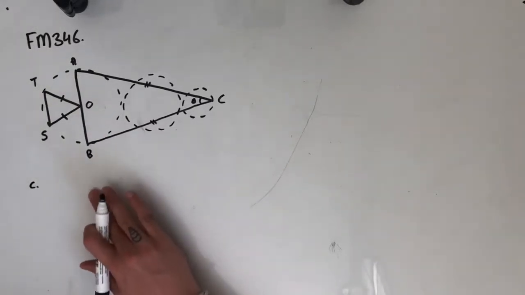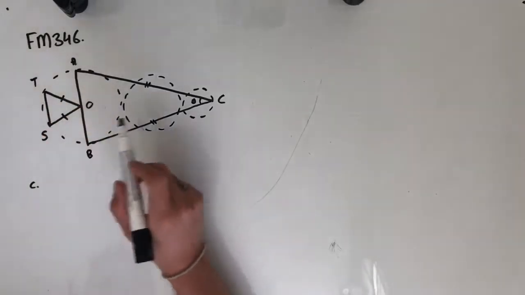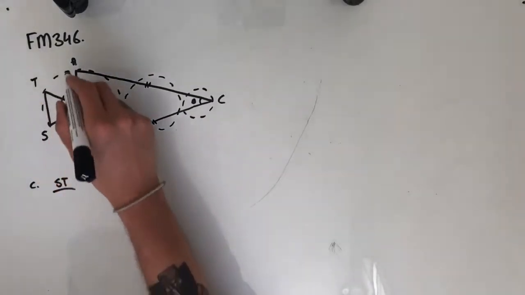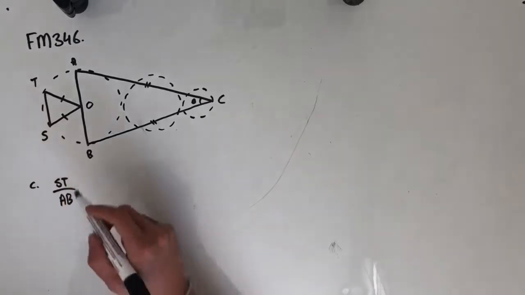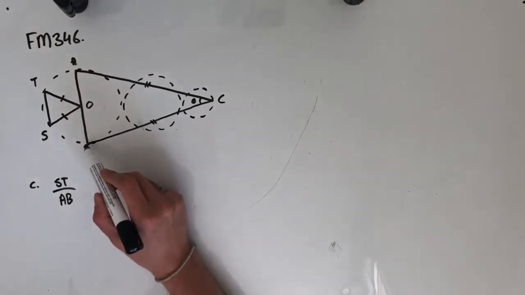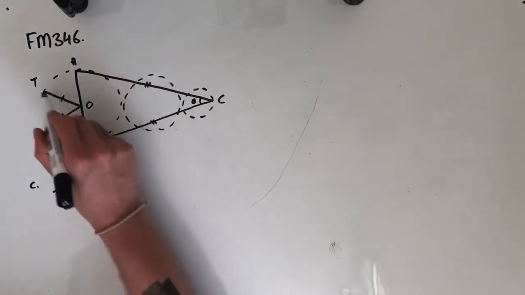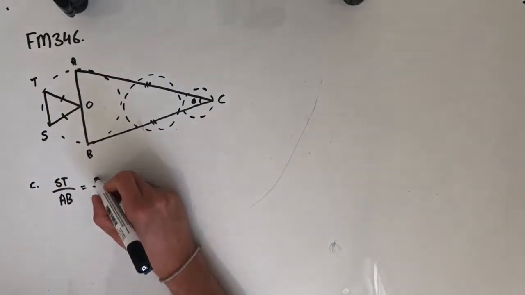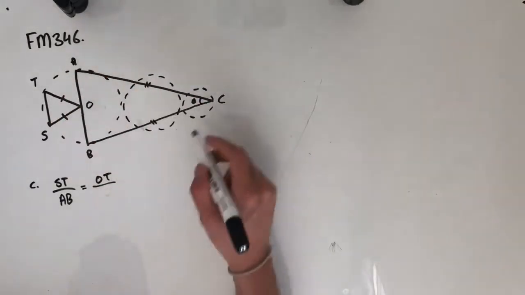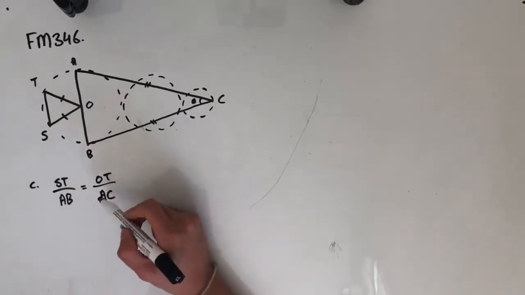So the way that I've decided to go through this question is I'm going to say that since these two triangles are similar, the ratio of ST to AB, so the base of this isosceles triangle compared to the base of this isosceles triangle, should be the same as the ratio between this side of the isosceles triangle compared to this side of the larger isosceles triangle. So ST to AB should be the same as the ratio of OT to AC.